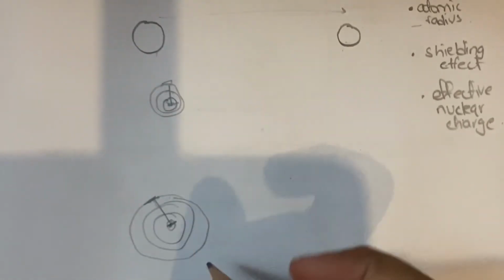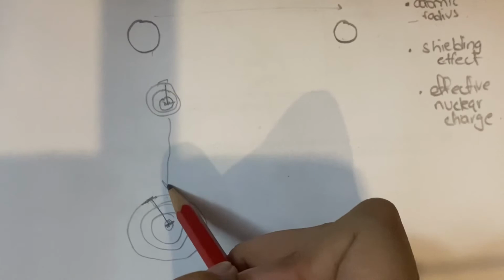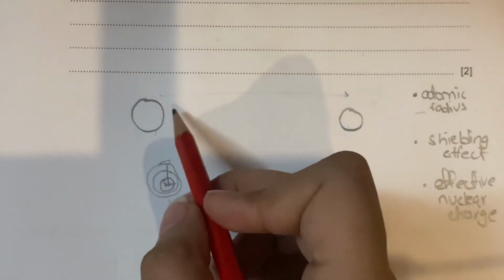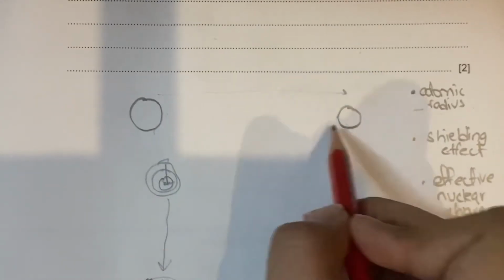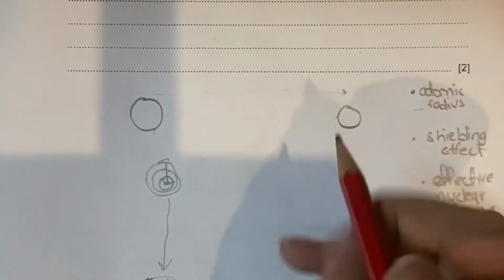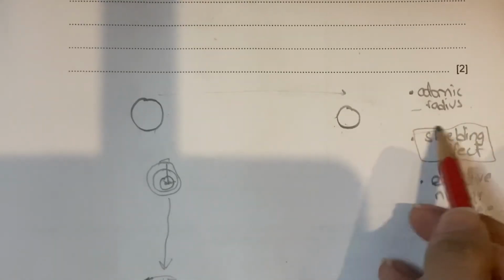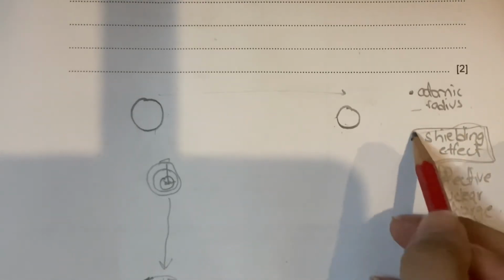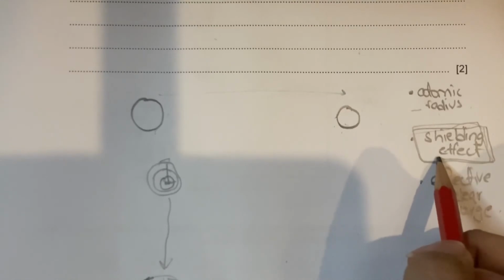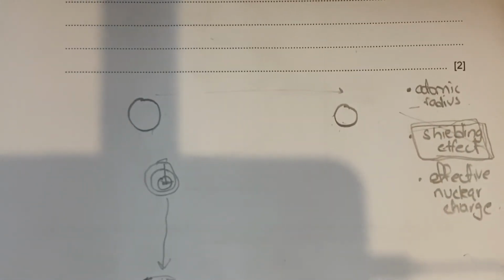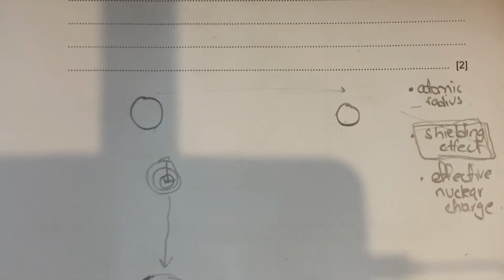So down the group the shielding effect decreases. However, the number of shells across the period do not increase. The number of shells remain the same, so this won't factor in because this is remaining constant. So shielding effect remains constant, which won't affect the ionization energy.